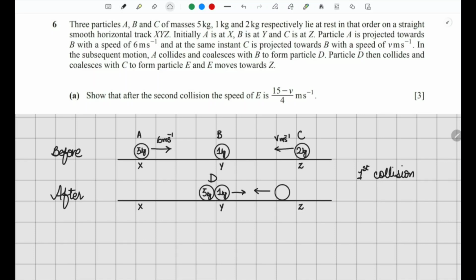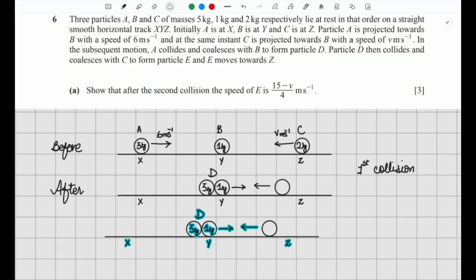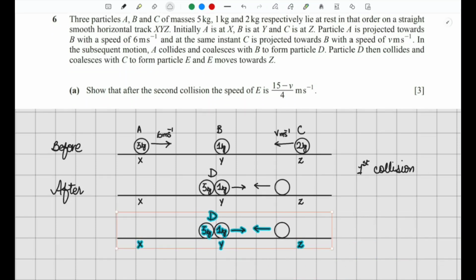Your last collision would be like, somehow it looks like this. Now they will be meeting at some point in the middle, and all 3 of them will coalesce.